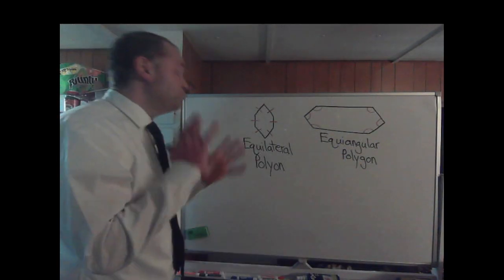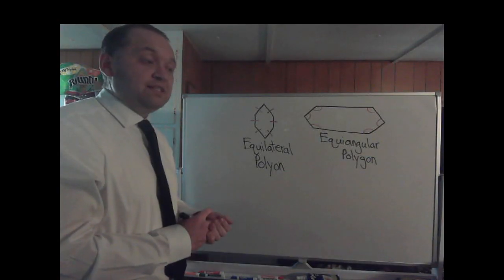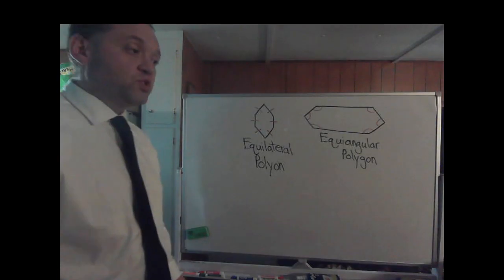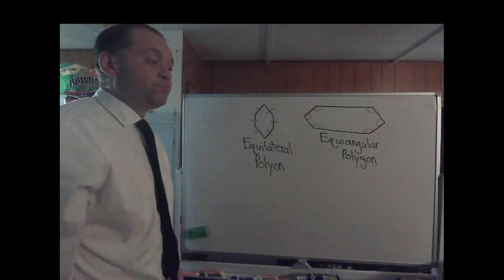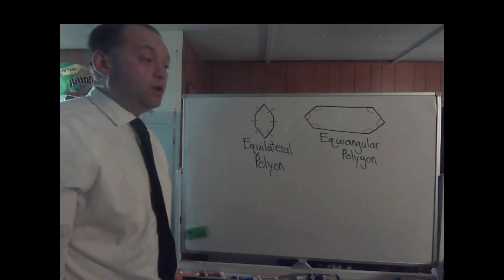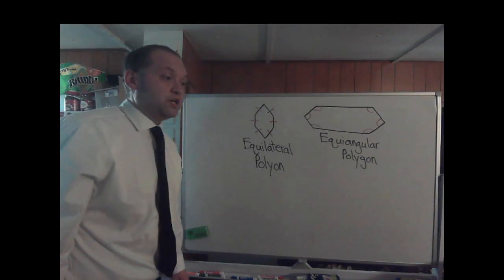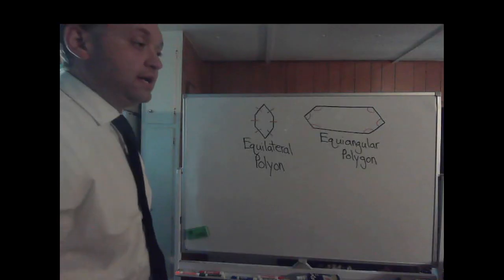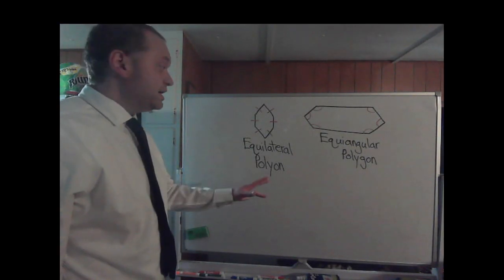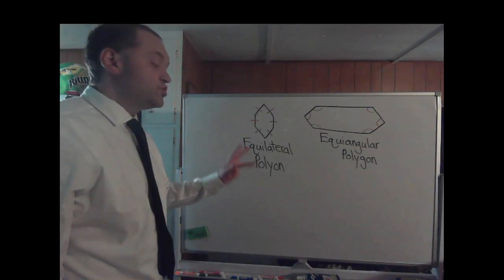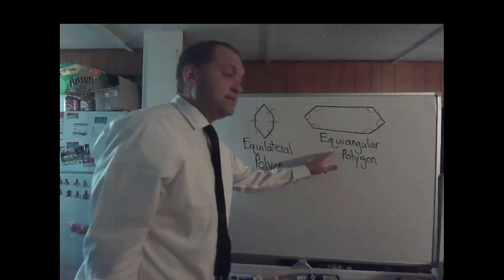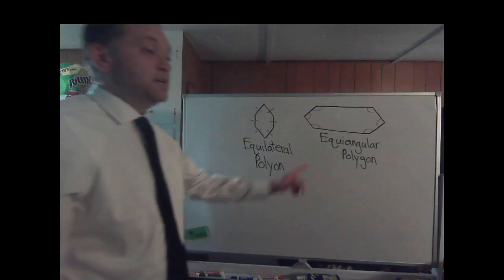But with polygons in general, once you get to 4 sides and more, like quadrilaterals, it depends which type you're talking about. If it's a square, then that's really the only quadrilateral that's both equiangular and equilateral. For all other polygons above triangles, just because it's equilateral does not mean it's equiangular, and vice versa.